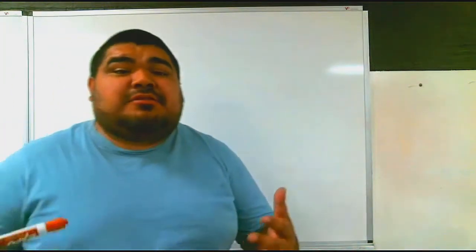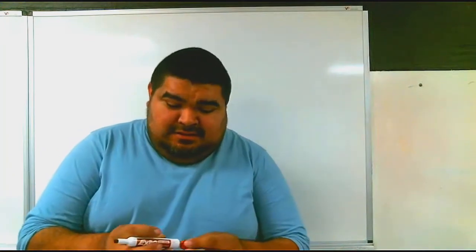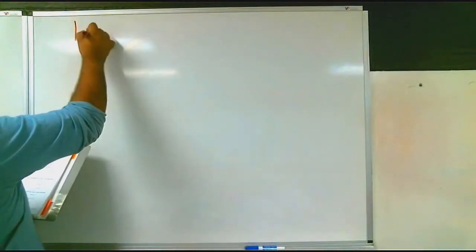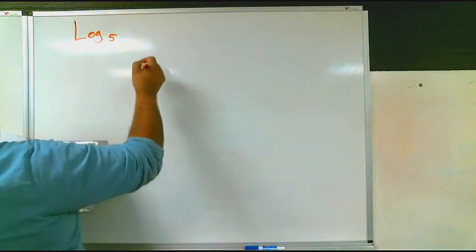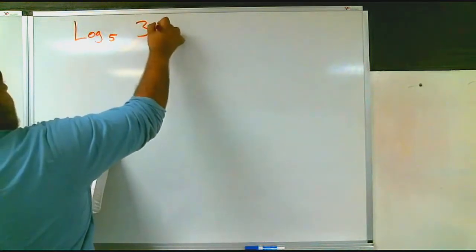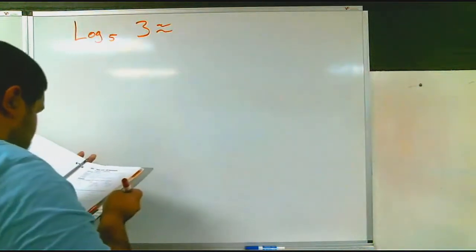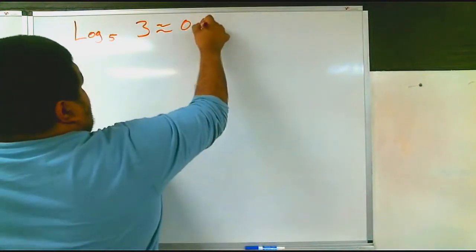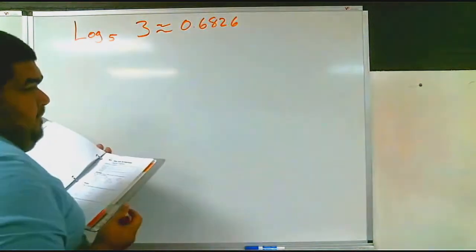For the examples of today, it is said that log base 5 of 3 is approximately, remember those little wavies on the equal sign, 0.6826.